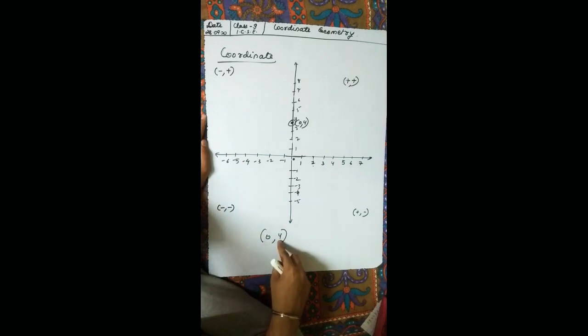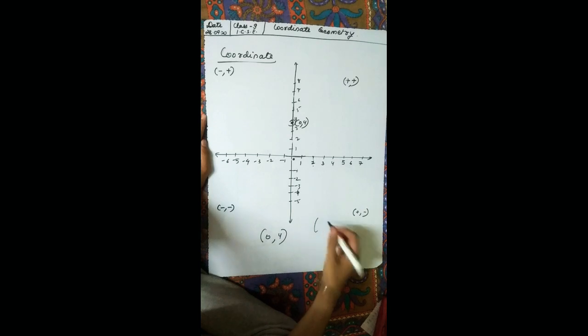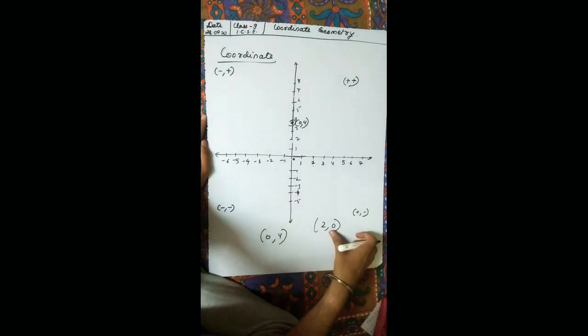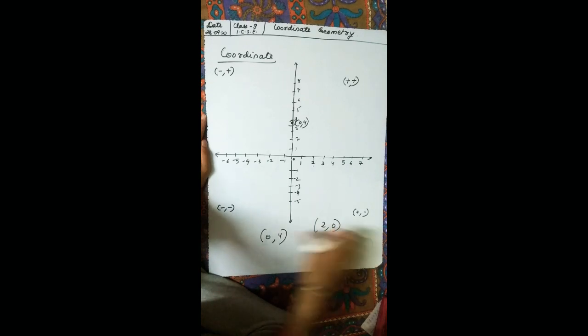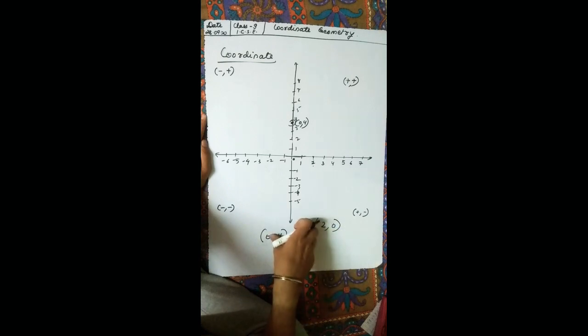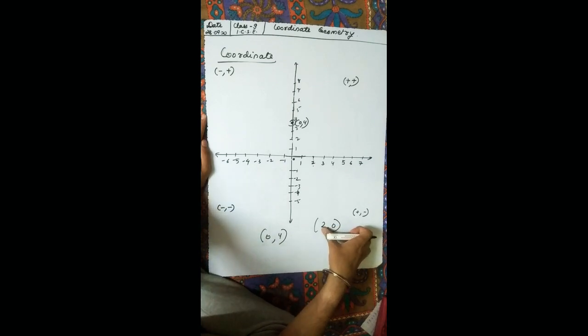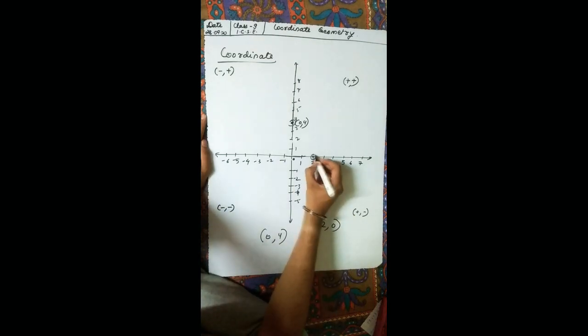Y is 4, so plot the point here. Now how will you plot 2, 0? Y is 0, so y is absent, and x is 2, so this.